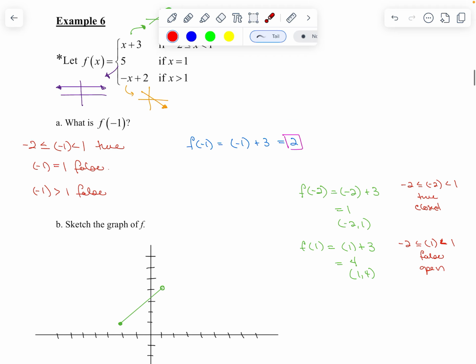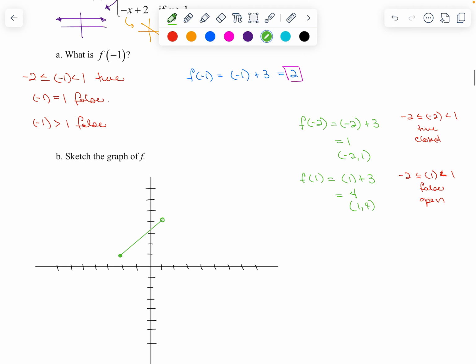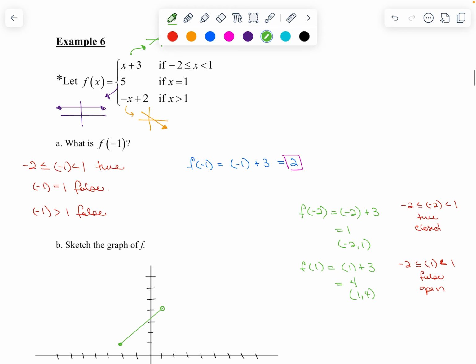Okay. The next one, this one's interesting because in its if statement, it has an equal sign. It's only one value that it's true for. Whenever it has an equal inside the if statement, this is a single point and it's going to be closed because we're going to plug in 1. 1 does equal 1, so it'll be fine. So this is our single point.